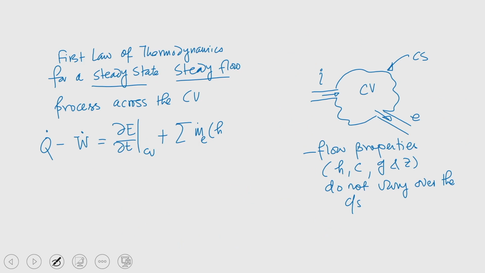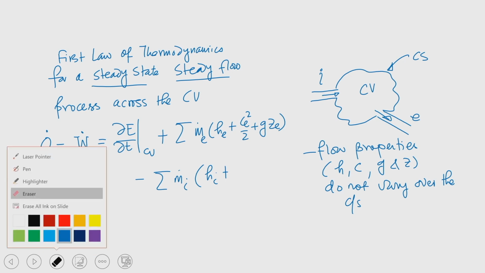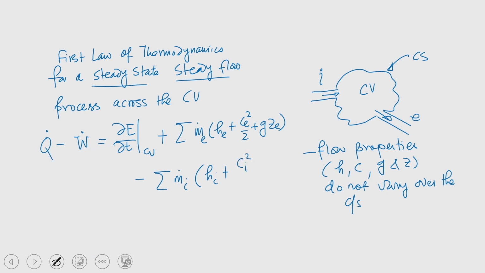So, basically h_e plus C_e squared by 2 plus g z_e, minus m dot I into h_i plus C_i squared by 2 plus g z_i, right.